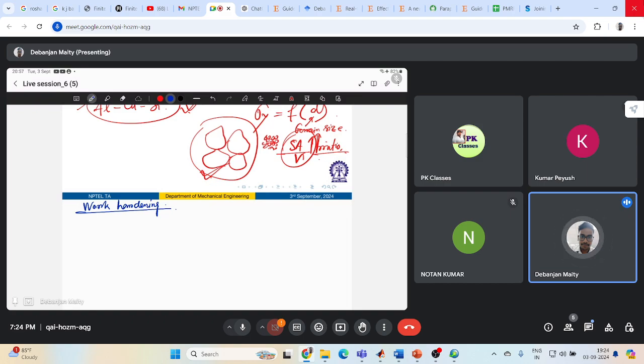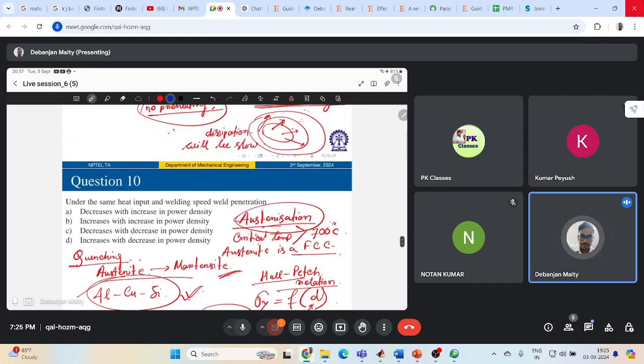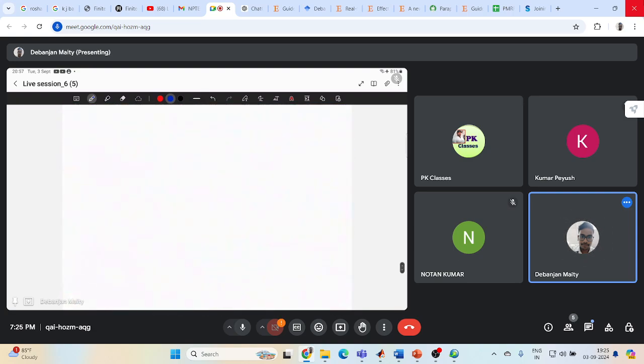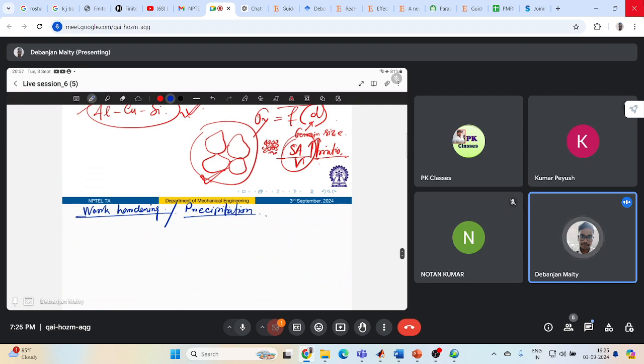As you are talking about, there are several ways through which you can do this hardening: solution hardening, work hardening, precipitation hardening, transformation hardening. As of now, we'll talk about two things, work and precipitation in your heat affected zone. I also was talking about transformation hardening a little bit, but that is mostly for steel material.